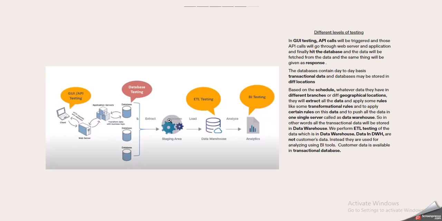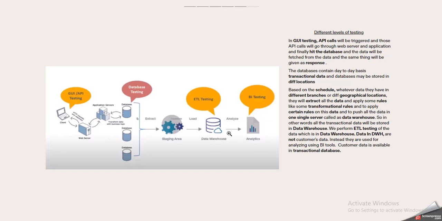Now transformation rules, like certain rules, are imposed in the staging area to check whether those are actually working as per our business logic. So we apply those in the staging area, and after that we put them into the data warehouse. It is this data warehouse where all this transactional data will be stored.